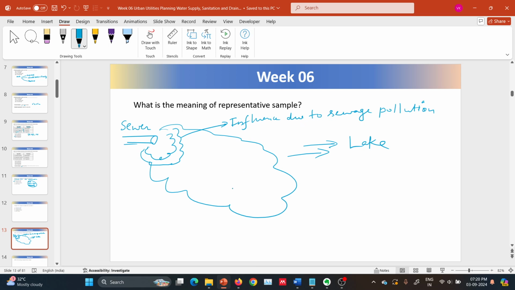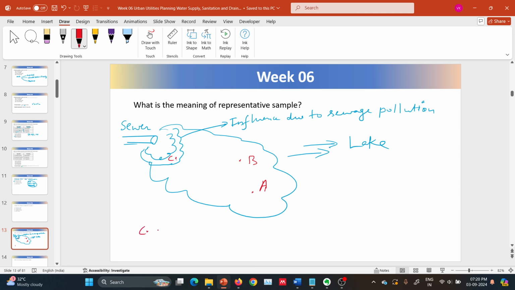If I take a sample from location A or B, will it signify the pollution? No, it won't signify the pollution. But if you take the sample at location C, it may signify the pollution.